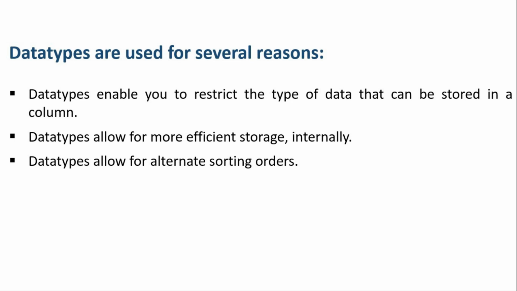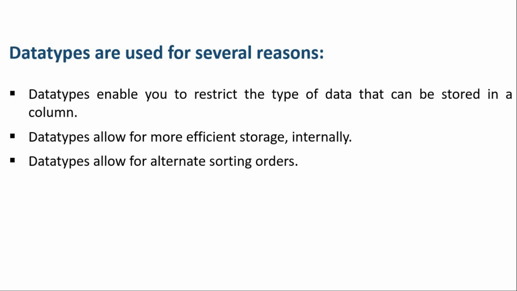So we can use data types for several reasons. So first is it restricts the type of data that can be stored in a column. For example, a numeric data type column will only accept numeric values, and data types also allow for more efficient storage internally, like numeric and date time values can be stored in a more condensed format than text and strings. And one more reason is that data types allow for alternate sorting orders.